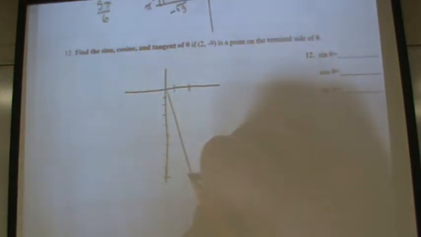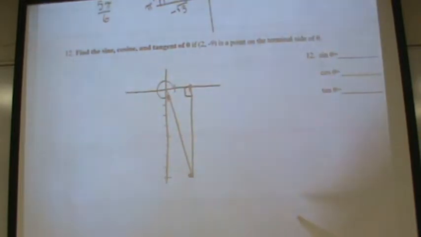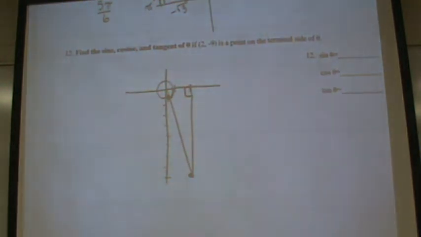You're going to draw a line from the origin going to your point. And then you're going to want to draw a line going back up to the x-axis to complete your triangle. So you have your 90-degree angle there. And this is on the terminal side of theta, so we've rotated like this to get to that line. So this is the angle that we're interested in. This is the reference angle that we're using to find the sine, the cosine, and the tangent.